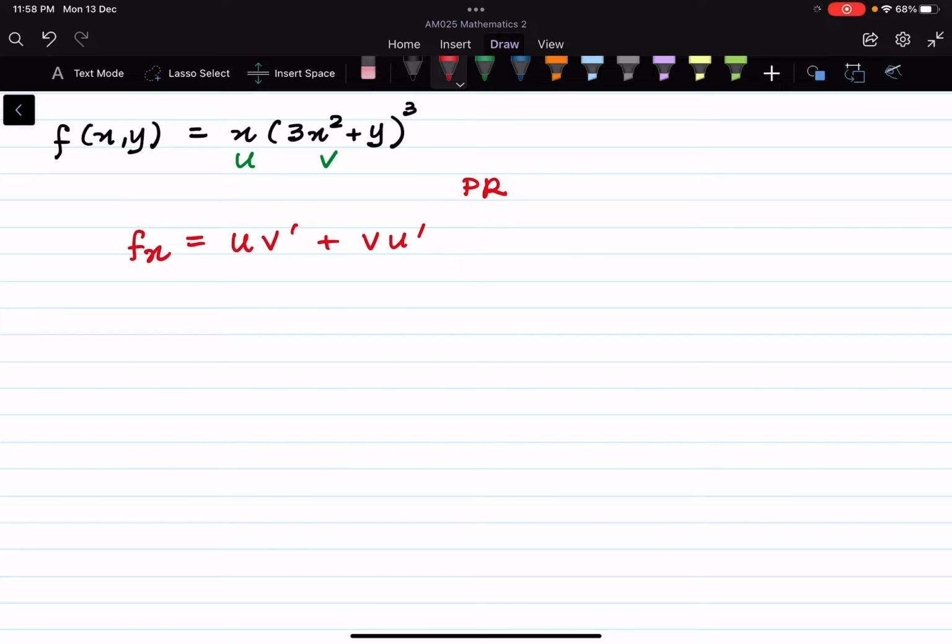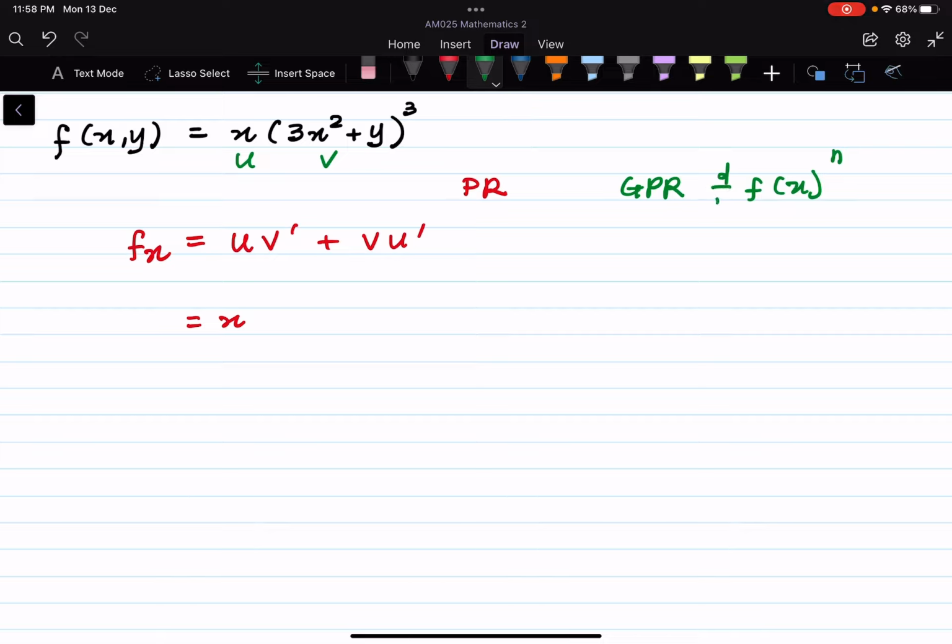So u is x, and for v, we are going to use the general power rule, because we have a function which has a power.